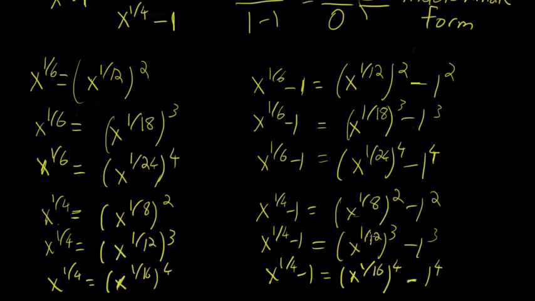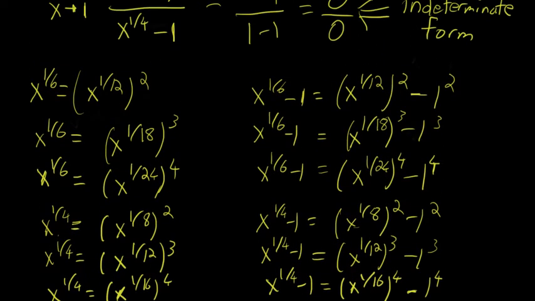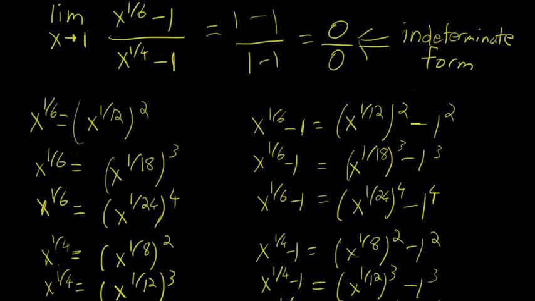X to the 1/12 cubed minus 1 cubed is of the form a cubed minus b cubed. And x to the 1/16 to the fourth minus 1 to the fourth is of the form a to the fourth minus b to the fourth. So we have a bunch of forms written down, but which one is going to be useful for this problem?